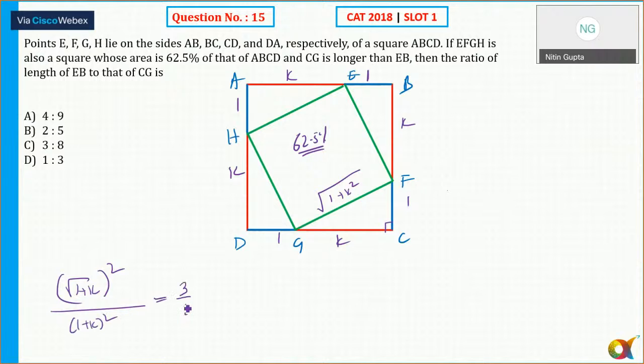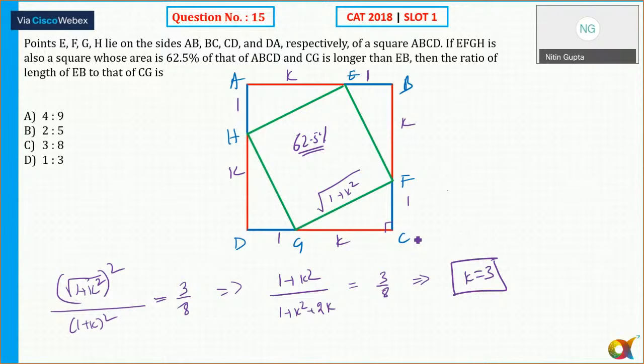That is 3 by 8. Sorry guys, root of 1 plus K square into whole. So this implies 1 plus 2K is equal to 3 by 8. And after solving this, you can find that the value of K is equal to 3. So the answer is option D.